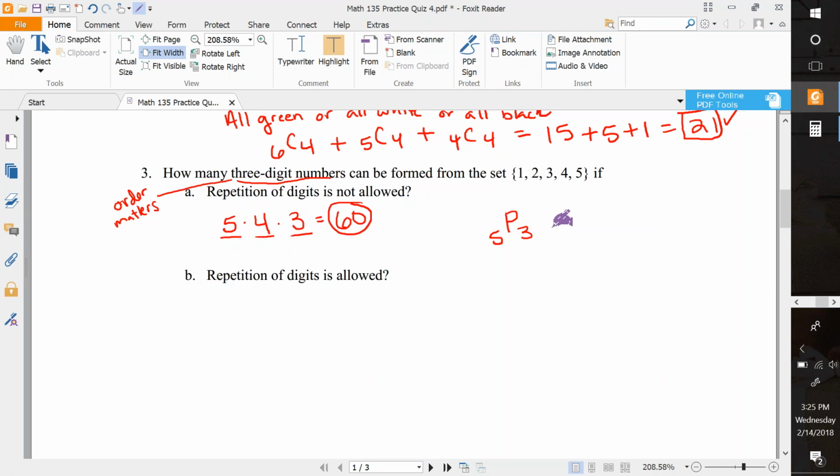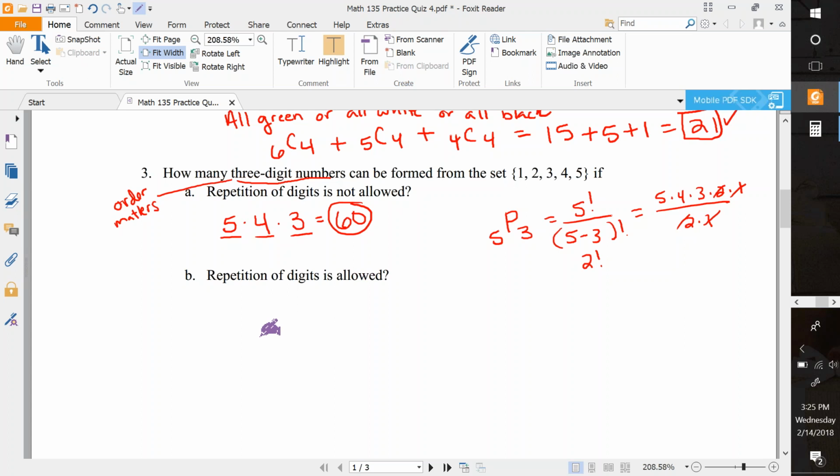If you do 5P3, remember that's 5 factorial over 5 minus 3 factorial, which is 5 times 4 times 3 times 2 times 1 over 2 factorial, so that's 2 times 1. Notice that gives me the same answer. So slots, the little spots, is really similar to doing the permutations.